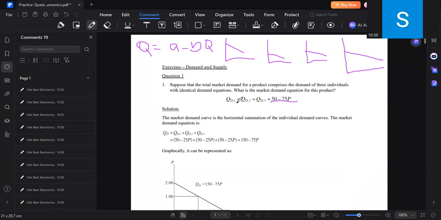So in this case, we've been given these individual demands, and they're given by the function Q is equal to 50 minus 25p. So the question is, what is the market demand for this product?